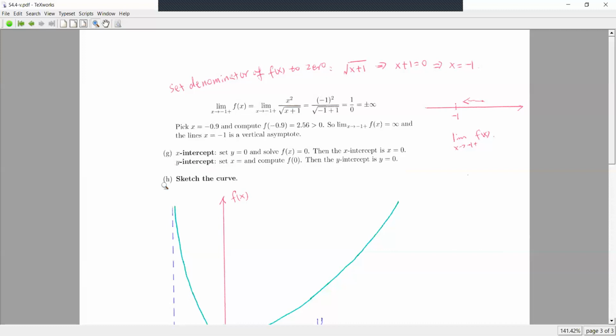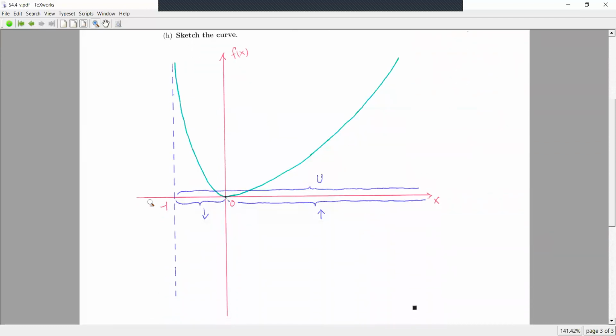Now the last step. After we have all the information, we are ready to sketch the graph. Draw an xy plane. Mark down the information. From -1 to 0, the graph is decreasing, so mark it down. From 0 to infinity, the graph is increasing.